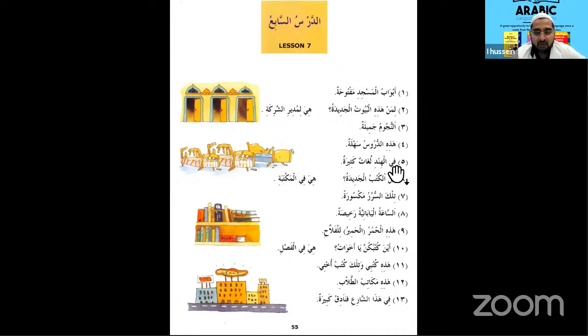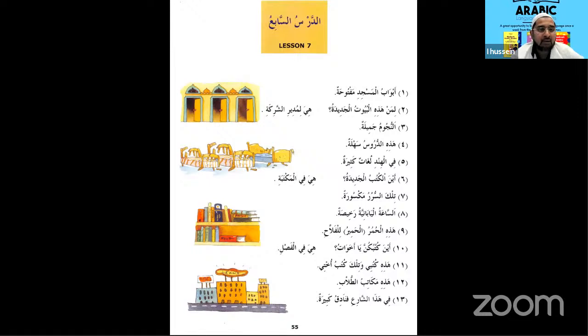So here, fi is a harf jar, hindi is majroor. This preposition together with its majroor is the predicate, which is coming in the beginning of the sentence. Whenever a preposition comes in the beginning of a sentence, it means that the subject has been delayed.